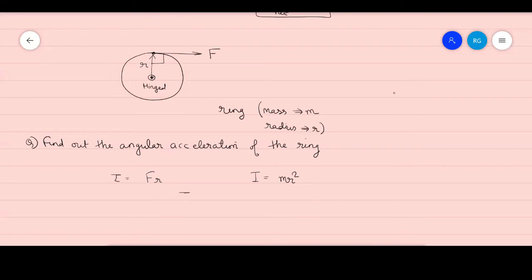So we can use the equation torque is equal to I alpha. Torque will be F into r, I will be mr square into alpha. So alpha will be equal to F upon mr.